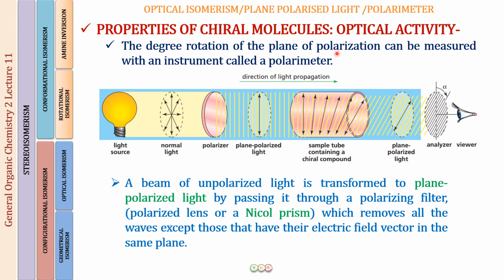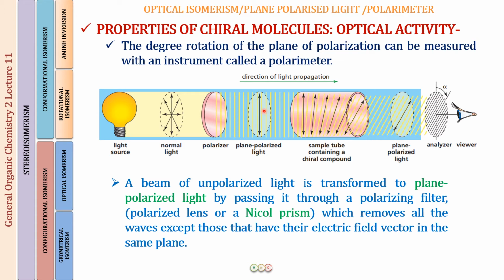So in a polarimeter, what you will be seeing is that first of all, we have a light source. I will just briefly tell you, and then we will talk about each one of them in detail. A light source is going to give us unpolarized light. We will pass it through a polarizer, which can be a polarized lens, or generally in this polarimeter, it is a Nicol prism. Then when it passes through that Nicol prism, we will get plane polarized light, light only in one plane.